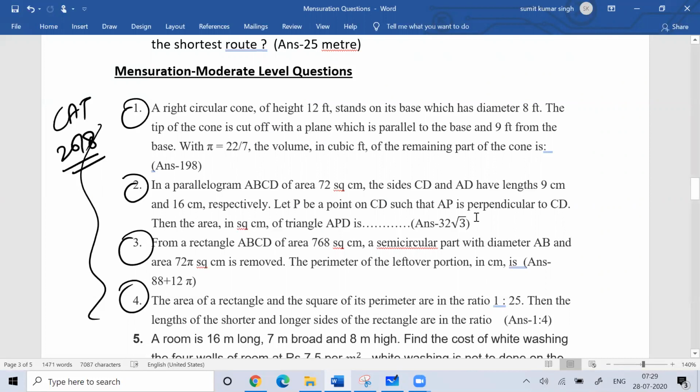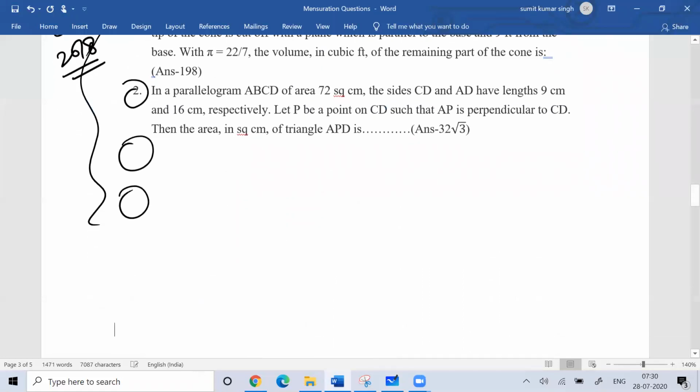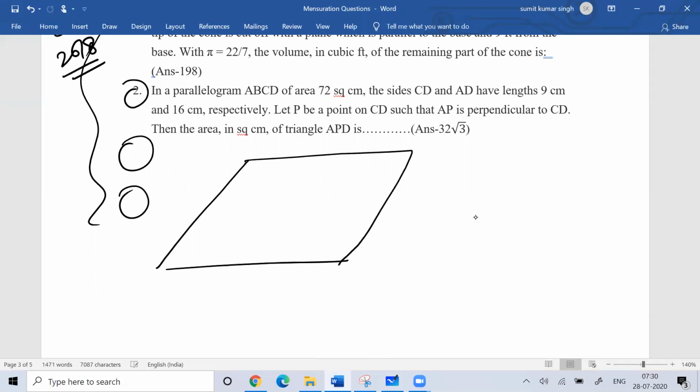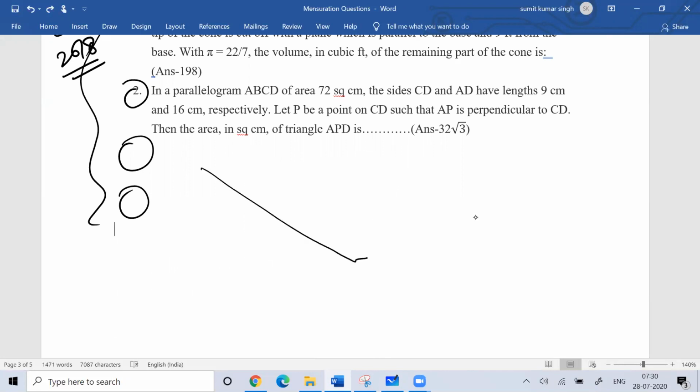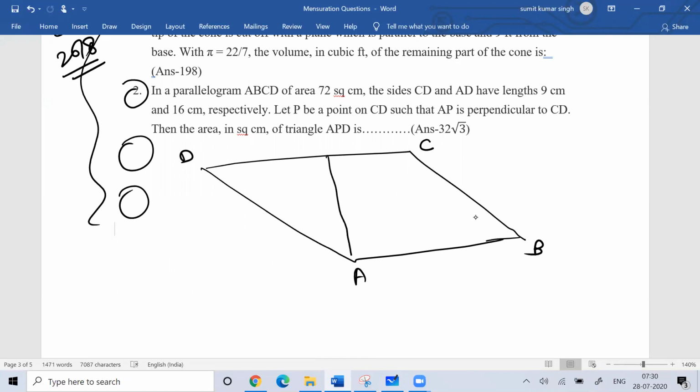Now suppose I want to solve this question. Suppose there's a parallelogram A, B, C, D, of area 72 square centimeter.